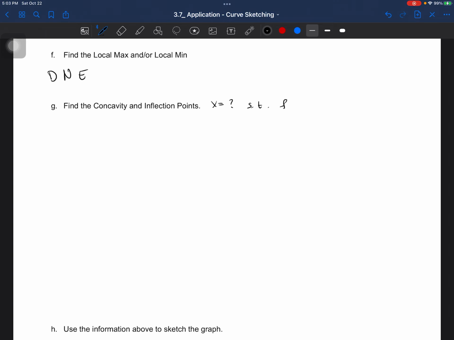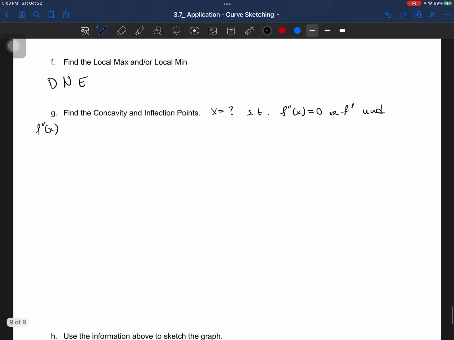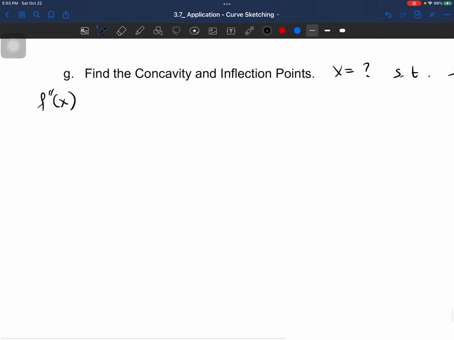All right, so the next part is to find the concavity and inflection points of this. I remind you that these are found by finding x such that f double prime of x equals 0, or f double prime is undefined. So obviously we need to find the second derivative. This one is going to be a little hands-on, so this is going to take some time here.